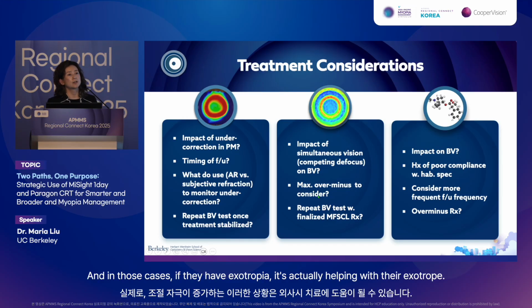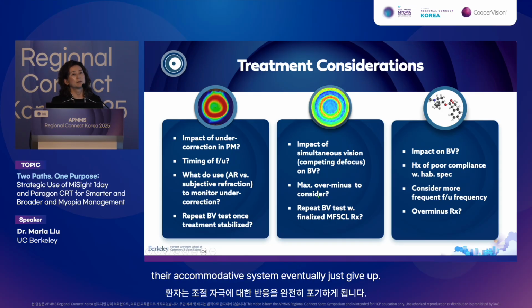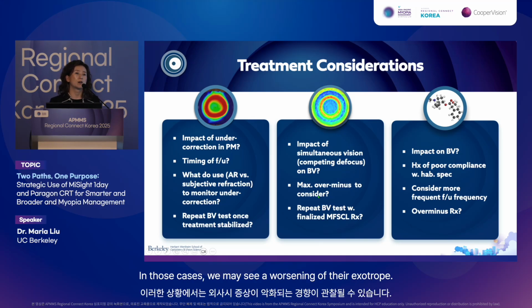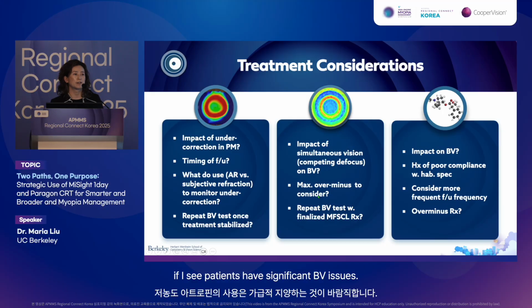And in those cases, if they have exotropia, it's actually helping with their exotropia. But if we're using a very high concentration of atropine, completely cycloplegic the patient, their accommodative system eventually just gives up. In those cases, we may see a worsening of their exotropia. And so for that reason, I tend to stay away from low-dose atropine if I see patients have significant BV issues.